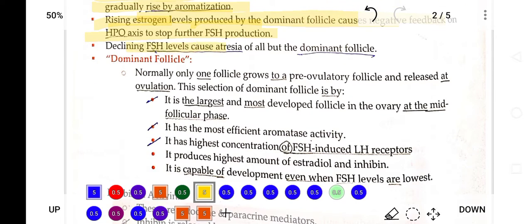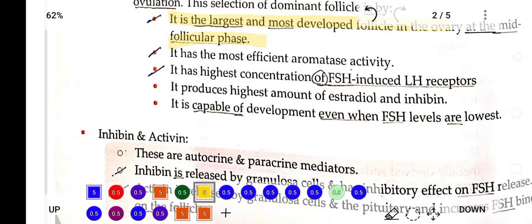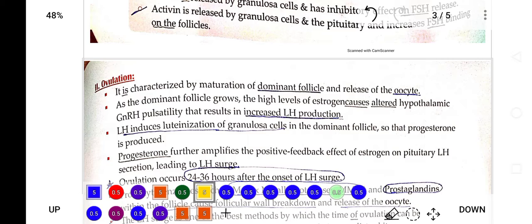So the decline of FSH causes atresia of all but the dominant follicle. Normally only one follicle grows, the largest and most developed follicle in the mid follicular phase, and then that follicle is ovulated. Ovulation is characterized by maturation of the dominant follicle and release of the oocyte.